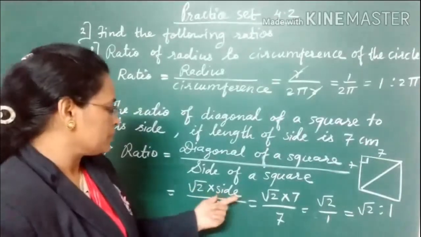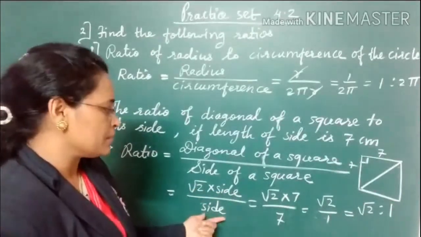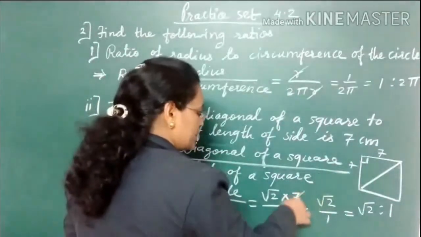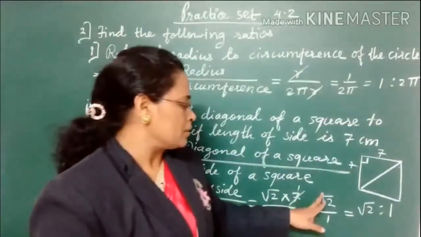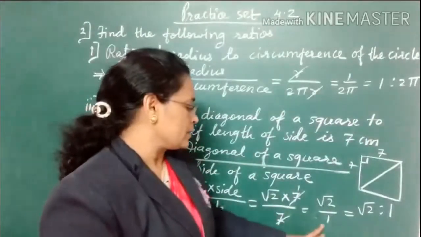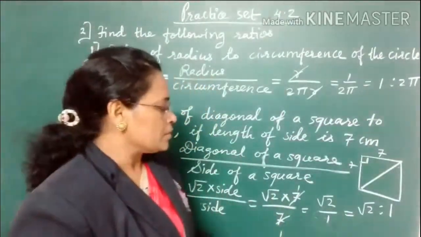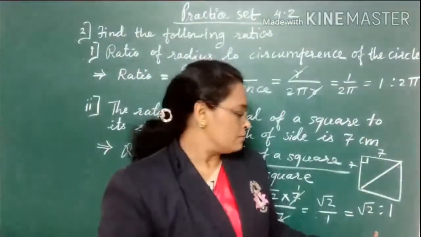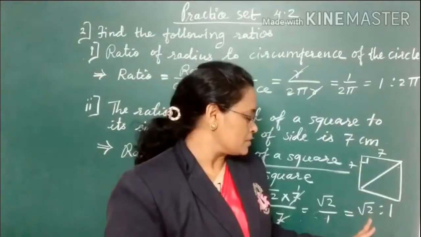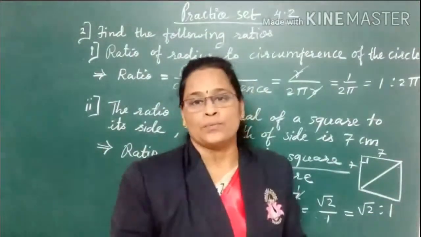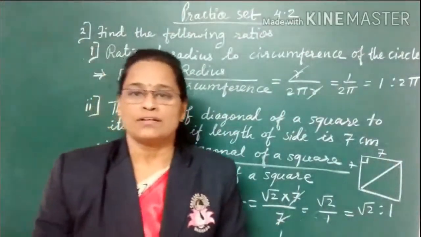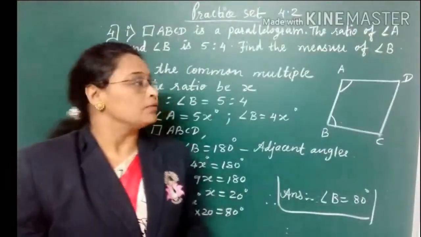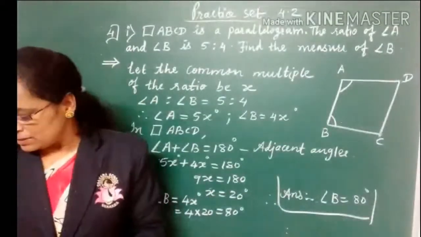Then let's substitute the side given, 7 centimeter, and if you divide 7 by 7, we'll get root 2 in the numerator and 1 in the denominator. That is, the ratio is root 2 is to 1. First term here is root 2 and the second is 1. Like that way we can write the ratio from the given measures. Now this is the fourth example given as a word problem.